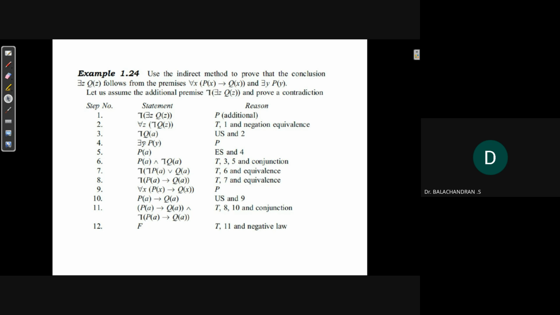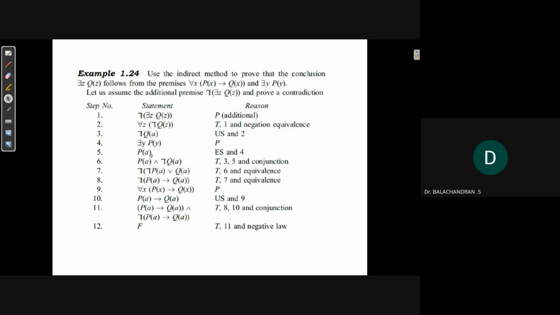Suppose still you have a doubt, then you can write this is step number 1, this is step number 2, and then this is step 3, 4, 5. That is also you can write if you want. But if you write, everything is correct in this procedure also. Now, up to 5, I explained. From 4 to 5, I got from rule ES.